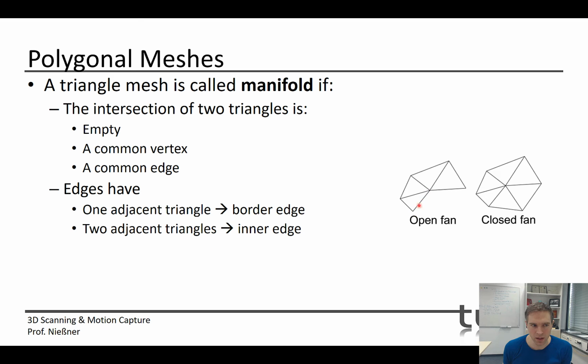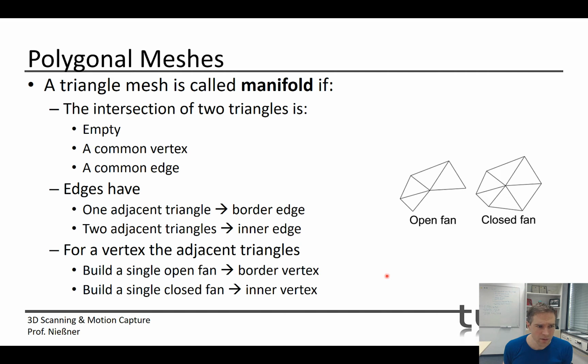In this open fan here, you have a border edge, and these edges here are inner edges. But what's not possible is having a third triangle here that is sharing this edge. Then it would also be non-manifold, right? And for a vertex, it's pretty similar.